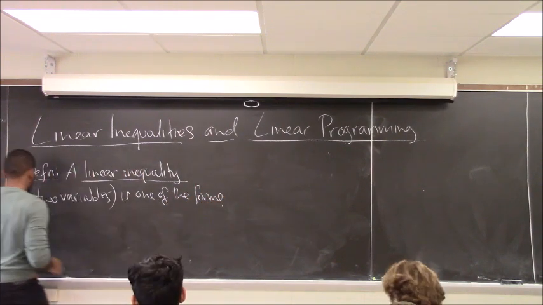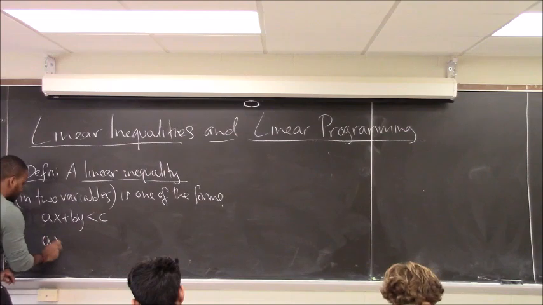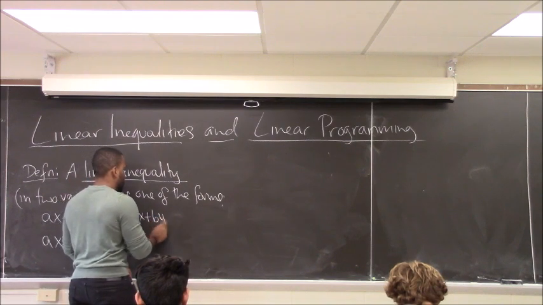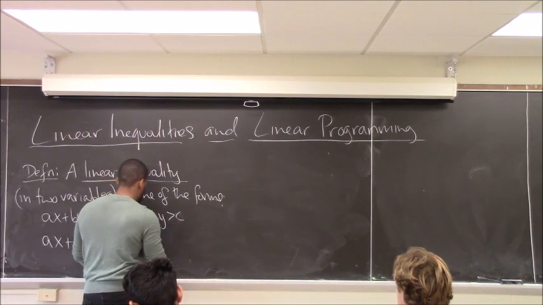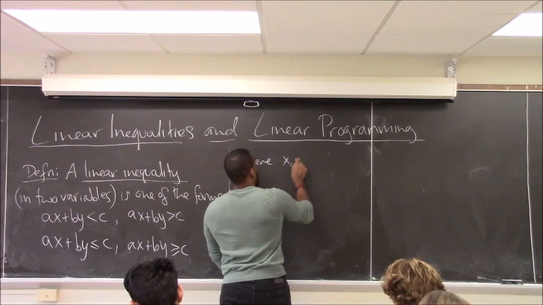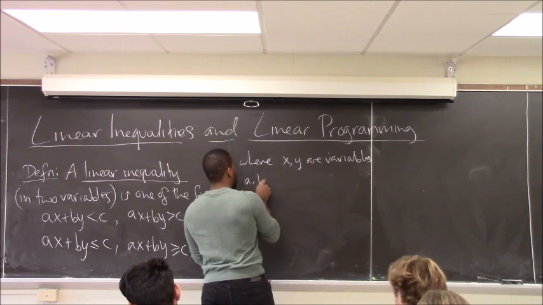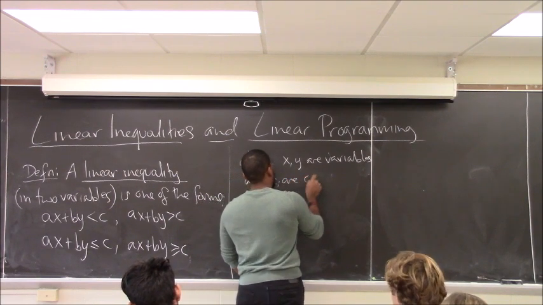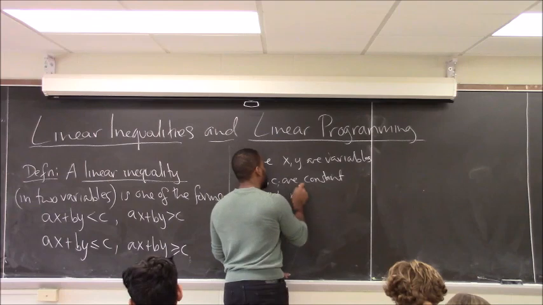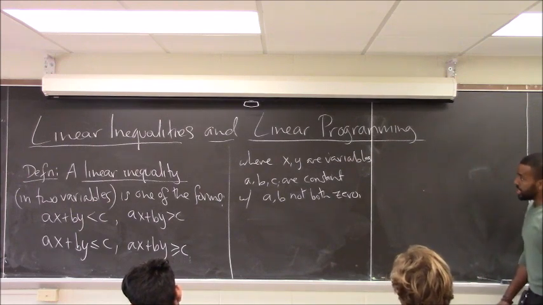This has one of the forms ax plus by less than c, ax plus by less than or equal to c, ax plus by greater than c, ax plus by greater than or equal to c, where x, y are variables and a, b, c are constants, with a, b not both 0. See anything like that? It is called a linear inequality.